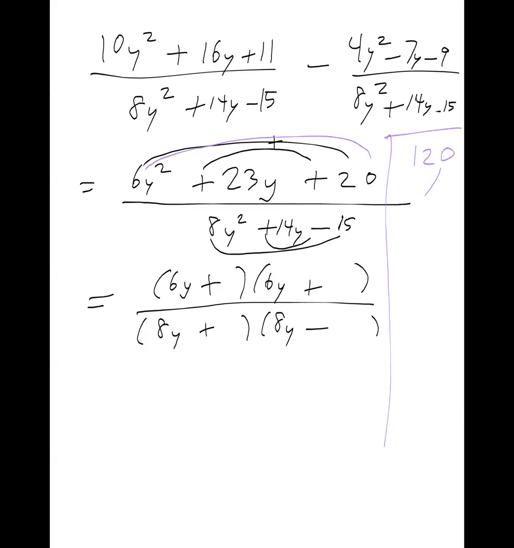That's not the final answer, though. What does 120 break down into? 1 times 120, 2 times 60, 3 times 40, 4 times... Why is my brain going slow? 4 times 30. 5 times 24. 6 times 20. 7, 8. 8 times 15.